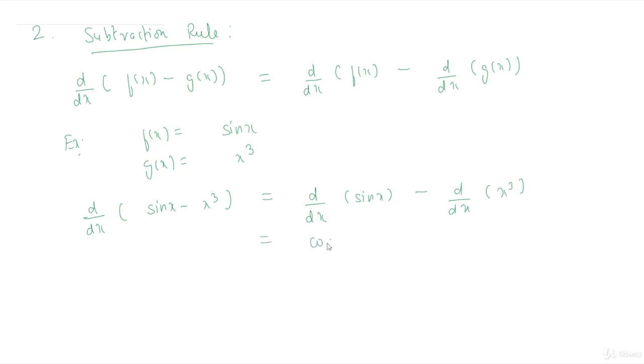So this will be, now the derivative of sine x is equal to cos x and the derivative of x cube is equal to 3x square. So don't worry about the derivative of sine x being cos x. We will be covering this in the trigonometric section separately. For now, just remember that the derivative of sine x is cos x. So this is our subtraction rule.